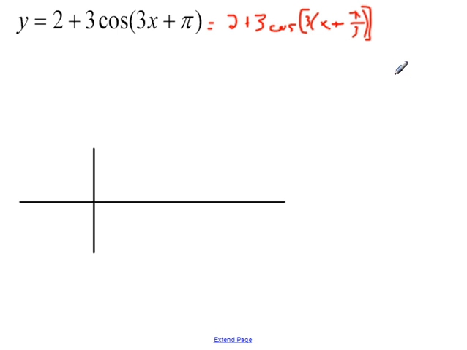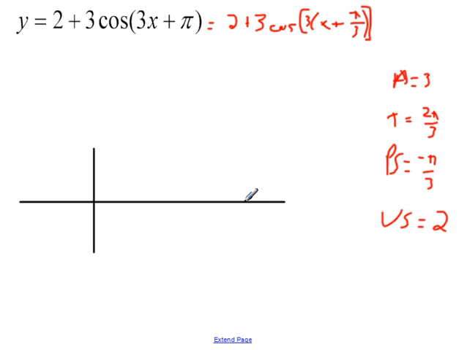So then, let's see, amplitude will equal 3. Period will be 2 pi over 3, because that's 3 right there. Phase shift is negative pi over 3. Vertical shift is 2.